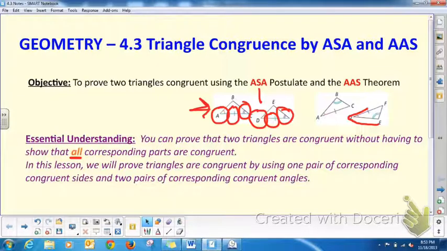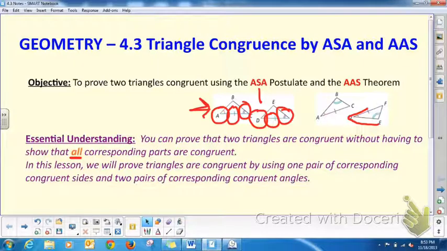Both of the ways to prove triangles congruent that we're going to discuss today have two angles and one side. In section 4.2, we did side, side, side, and we did side, angle, side. So three corresponding congruent sides, and then two corresponding congruent sides with the included angle.